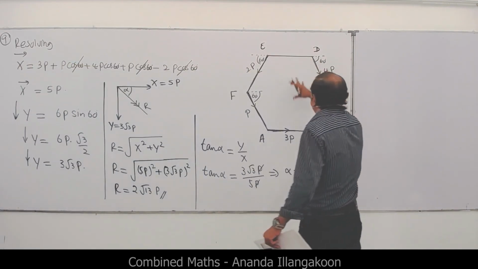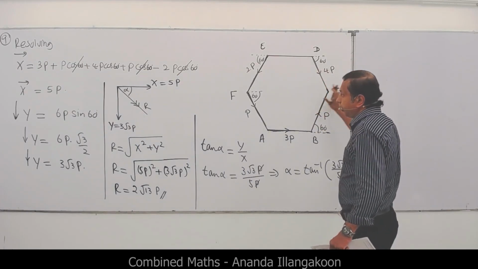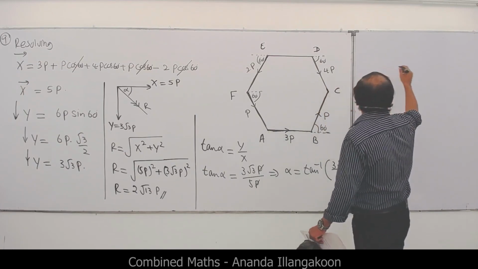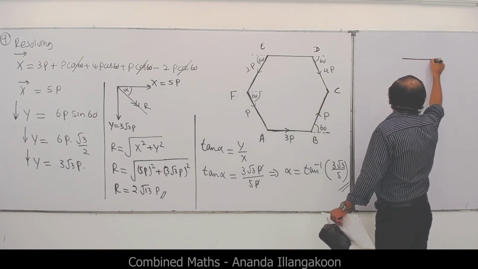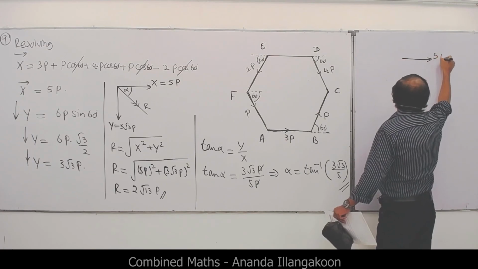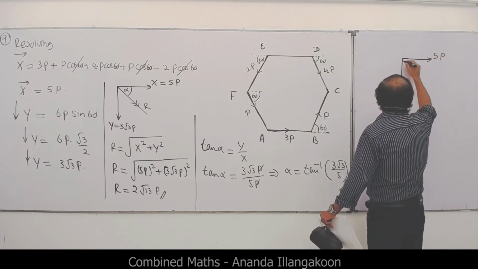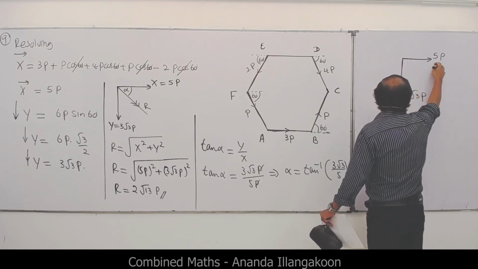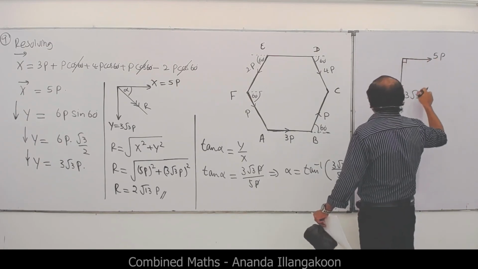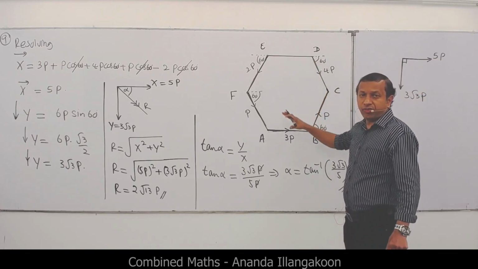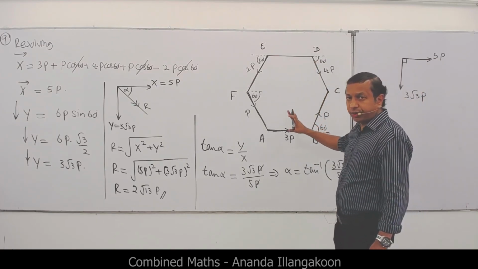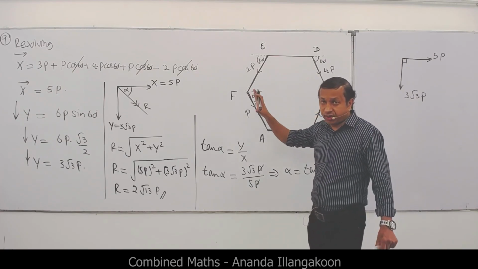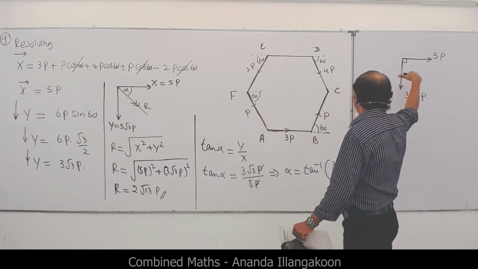The whole 5 forces together give a rightward component 5p and downward 3 root 3p. Then I am going to mark that 5p like this, and 3 root 3p like this. Then these two forces will represent all these 5 forces. So now I can ignore all these 5 forces and instead take these 2 components.